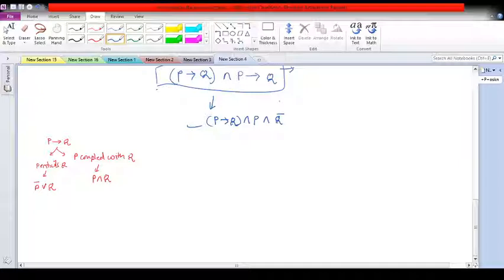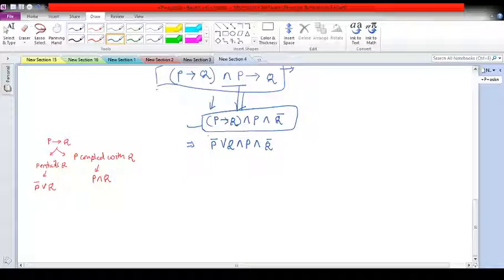Let us solve this now. P implies Q, how can we write it now? P bar union Q, we know, and P again in conjunction with Q bar. So this is the representation I have converted into the contradiction form.